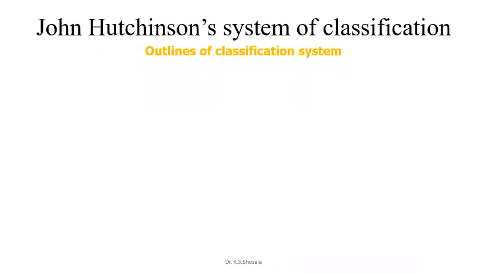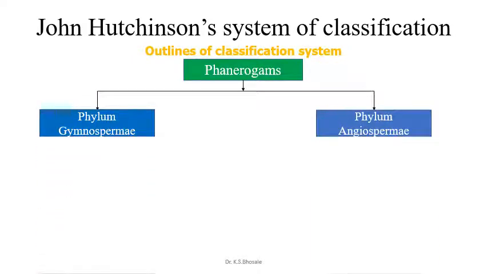Let's see the outline of the classification system. The group Phanerogams is considered for the system of classification, and it is divided into two phyla. First is Gymnospermi and second is Angiospermi.